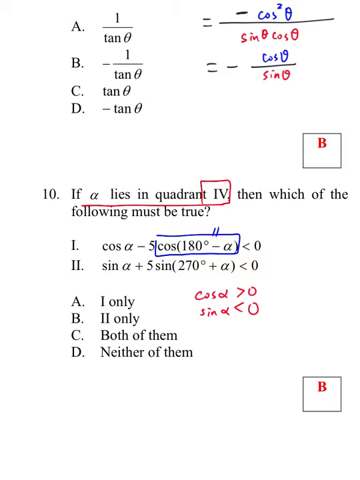To remember the identity, basically you do not care about the size of alpha. What I have labeled here will be identically equal to negative cosine alpha for any alpha. I repeat, for any alpha.